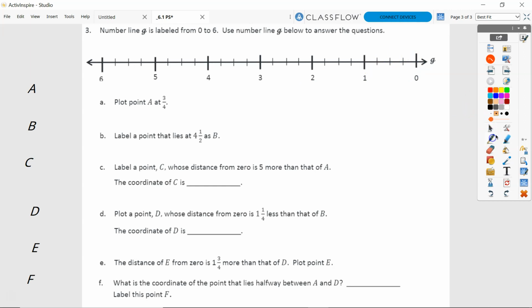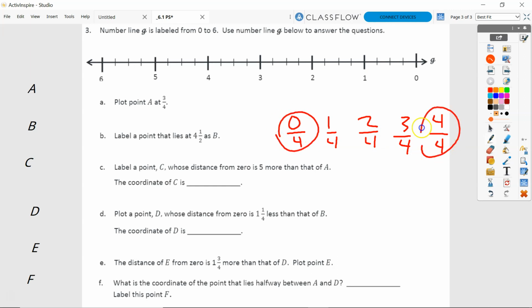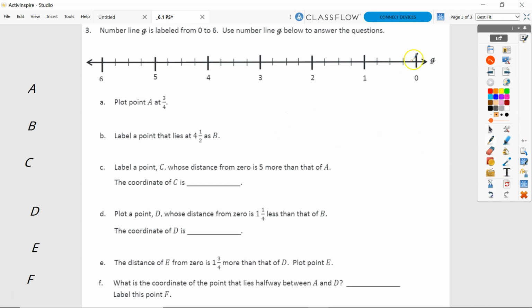If I was to write out my 0/4, 1/4, 2/4, 3/4, and 4/4 is equal to a whole, we know that this is equal to 0 and this is equal to 1. So with that common knowledge, we know it's going to fall between 0 and 1.